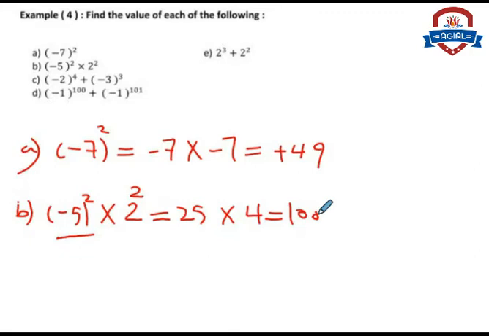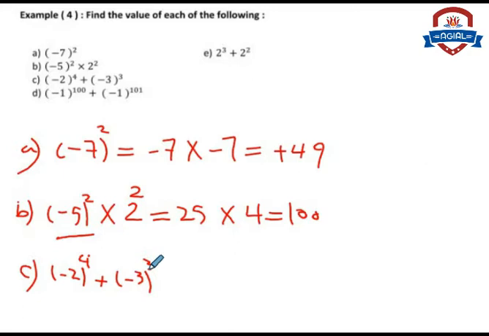Now letter C. (-2) to the power of 4 plus (-3) to the power of 3.